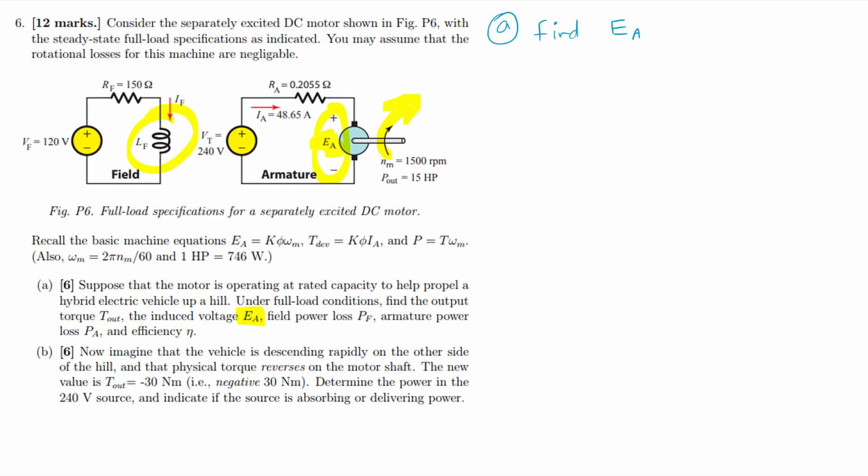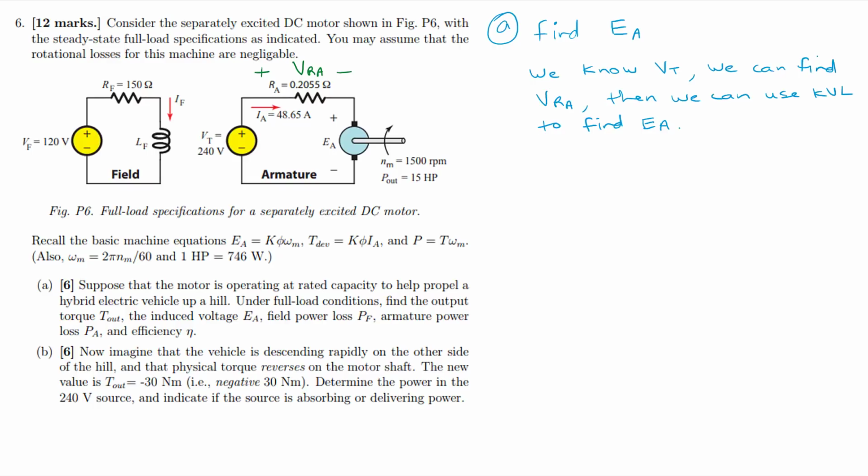It's an induced voltage. How are we going to solve this? Well, we want to find EA, and look what we know. We know VT is equal to 240 volts, and if we happen to know what the voltage across the resistor is going to be, then we can use KVL to find EA. And what's more, lucky for us, we know the armature resistance and we know the current flowing through that resistor, so we can easily calculate the voltage.